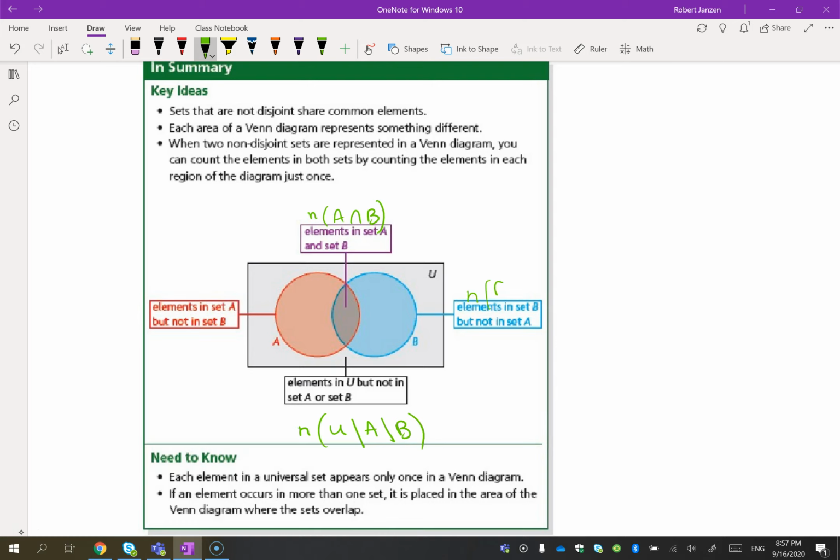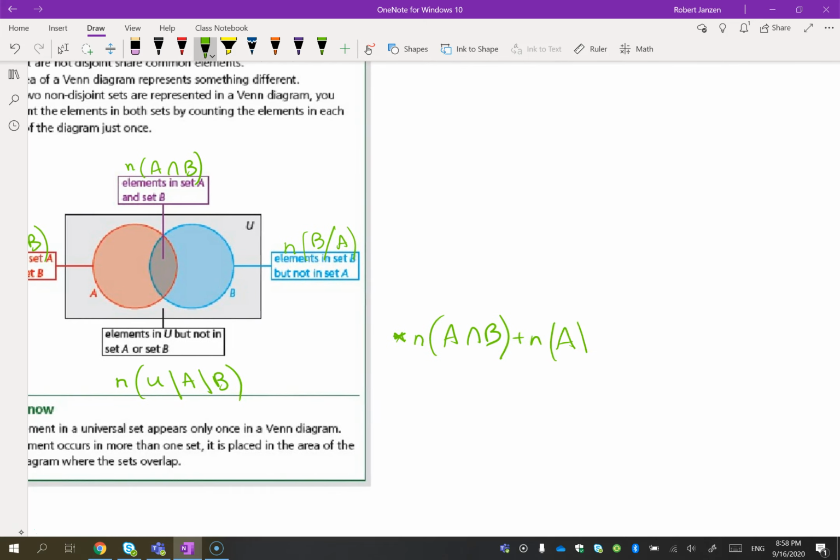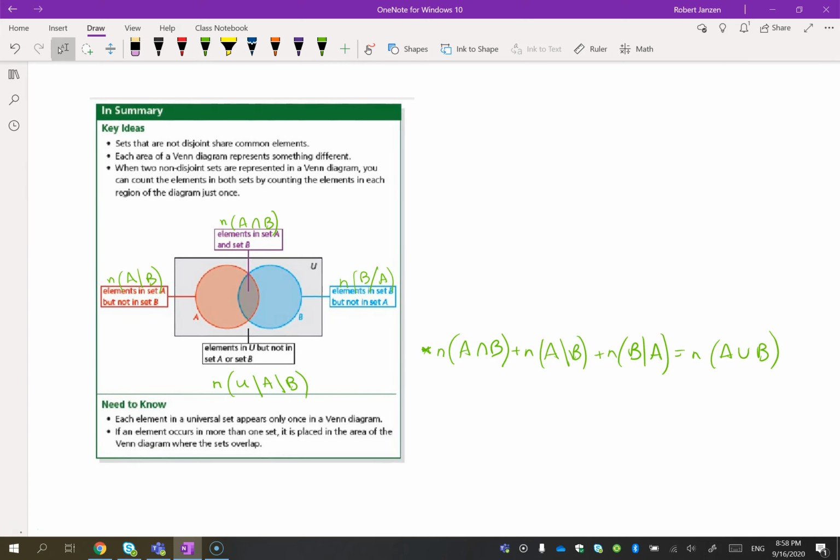The number that is in B, not A, and this would be the number of A, not B. By the way, a little bit more notation here: the number of A and B plus the number of A not B plus the number of B not A equals the number of A or B. That's what we just did in the last question.